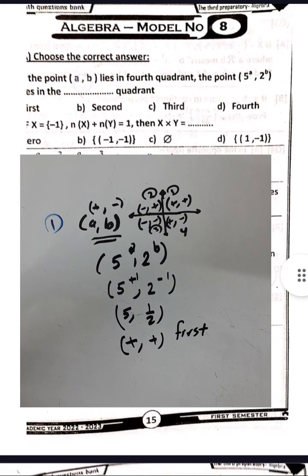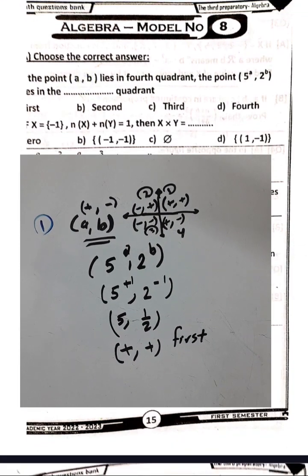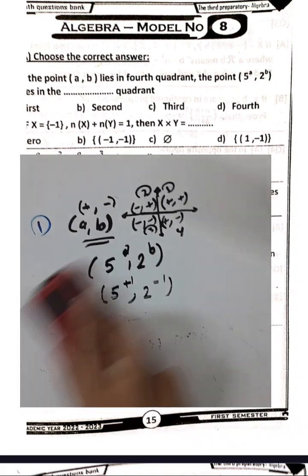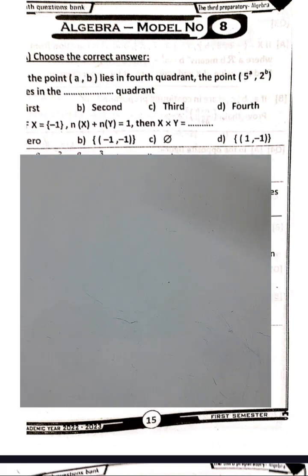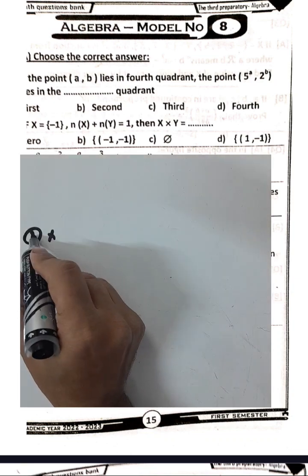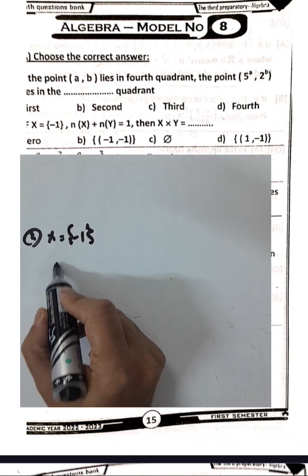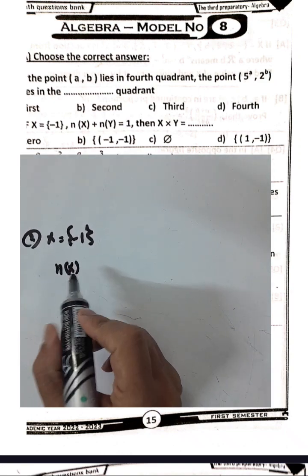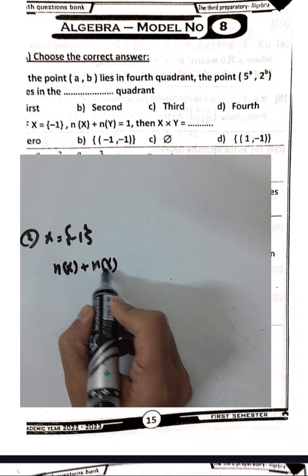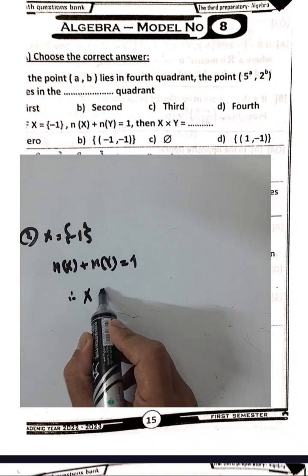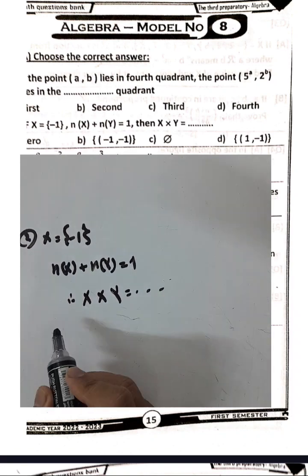Question number 2, pay attention with me to this example. If x equals the set of negative 1, and the number of elements of set x plus the number of elements of set y equals 1, then x Cartesian product with y equals what?